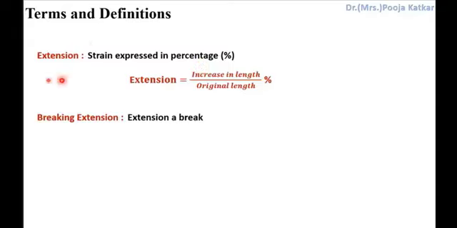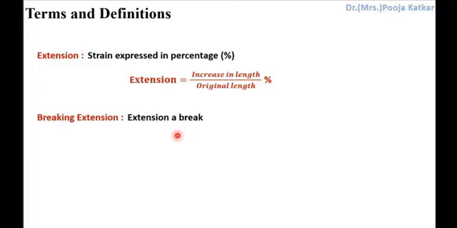And we get a new term called extension. Extension is simply strain expressed in percentage. So it is the ratio of increase in length and original length of the sample expressed in percentage.